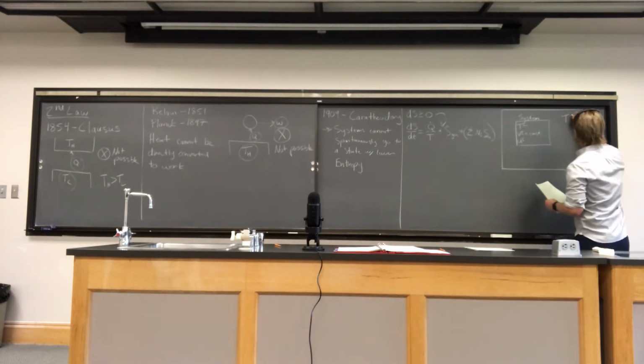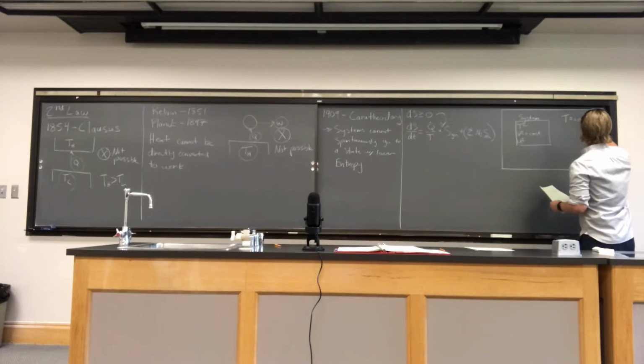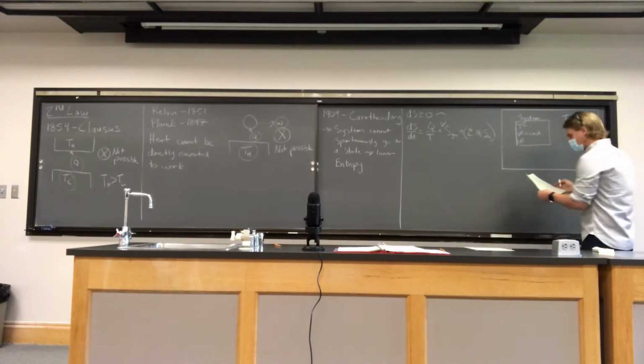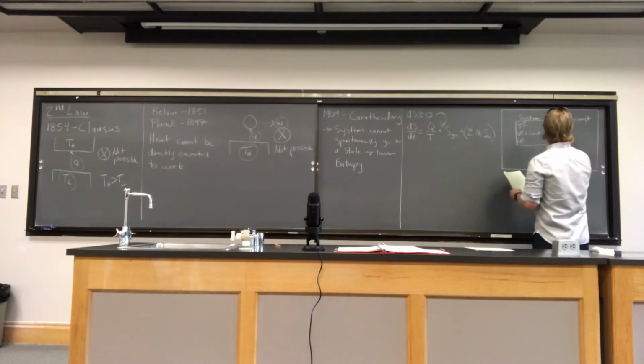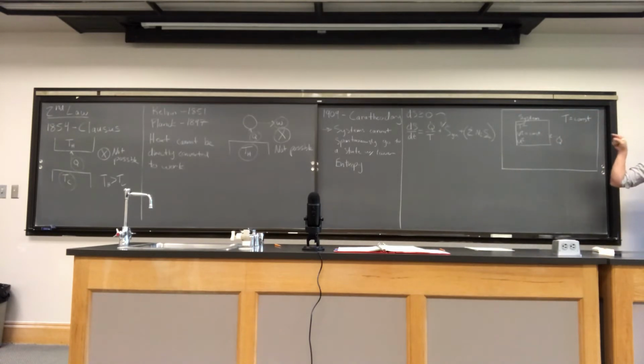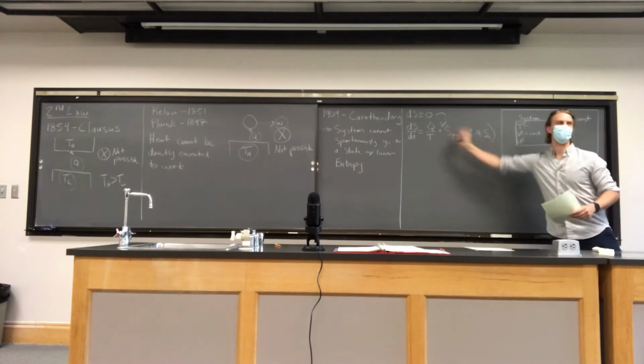Outside, the bath is infinite in size, meaning any energy that transfers into or out of the system is going to be negligible. In my balance, I will define heat as positive going into the system. It just makes it so that this expression looks the way that it does.